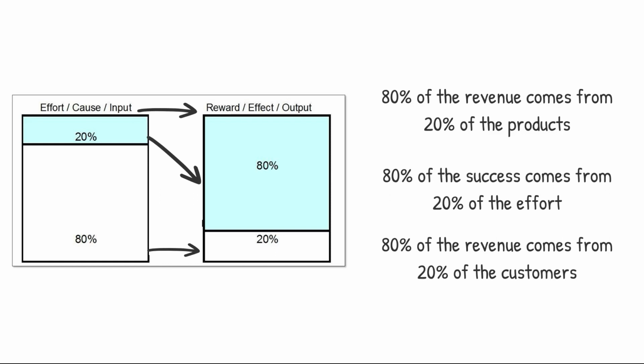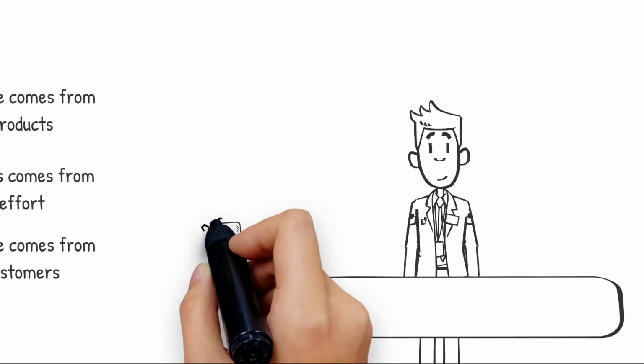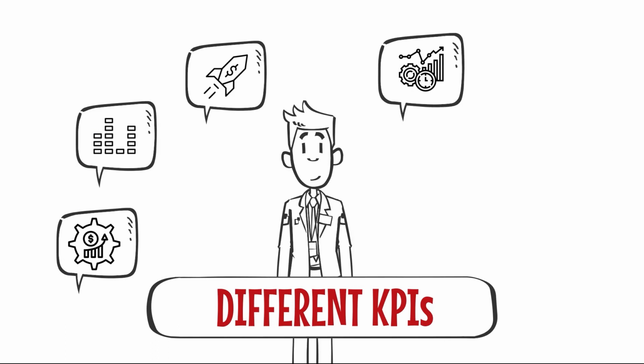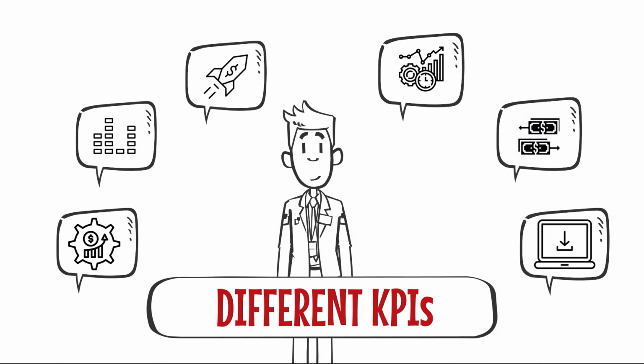It is important to make this 20% of the customers feel happy and satisfied with their services. We will see how we can identify and separate those vital few who are important influencers for our KPIs. These KPIs could be sales, volume, profit, efficiency, transactions, downloads, etc.